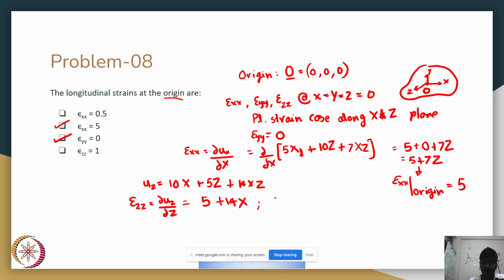And now if we want to calculate epsilon zz at origin, it would be 5 plus 14 into 0, which is also 5. Correct? Is this clear? Yes, sir.